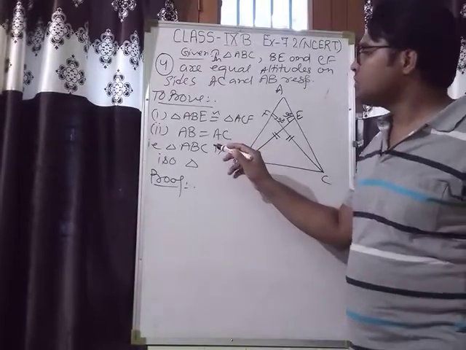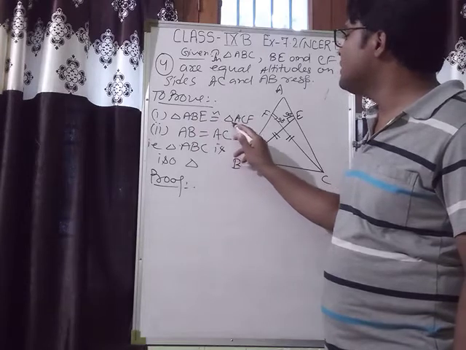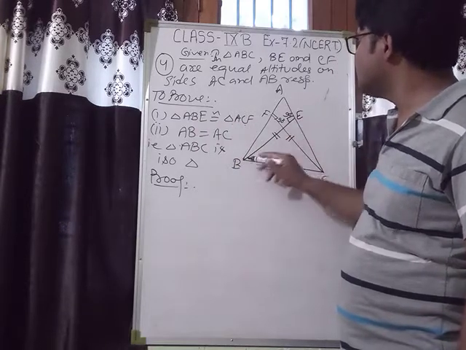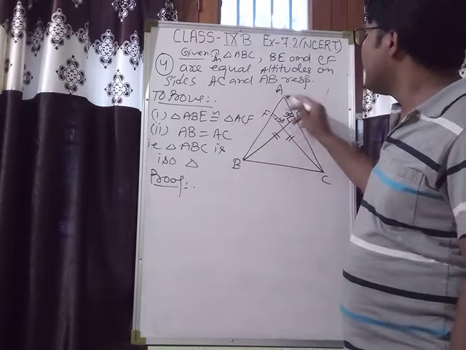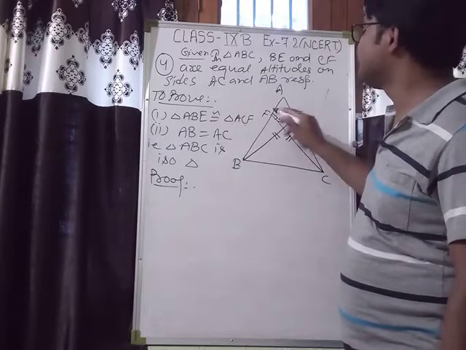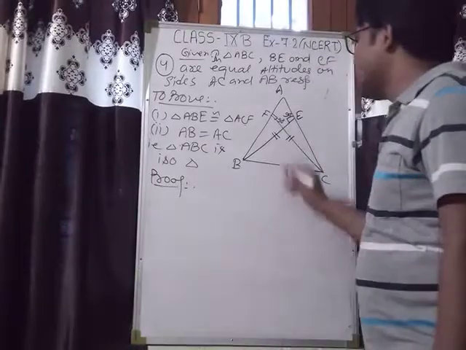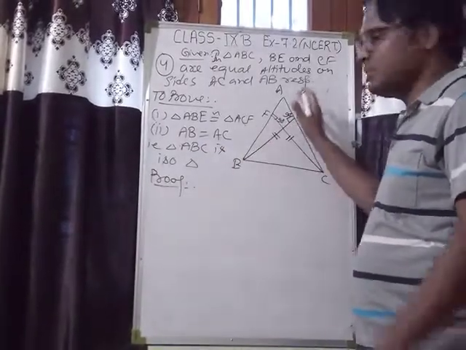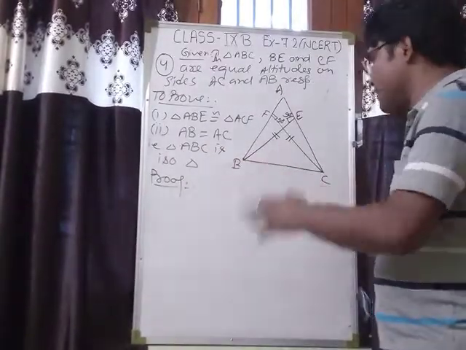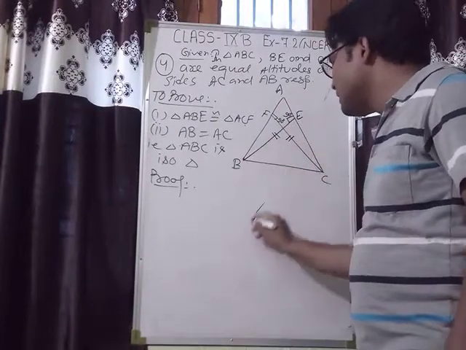See, first we have to prove that triangles ABE and ACF are congruent. ABE is here and ACF is here. I am going to make these two triangles again at different places.